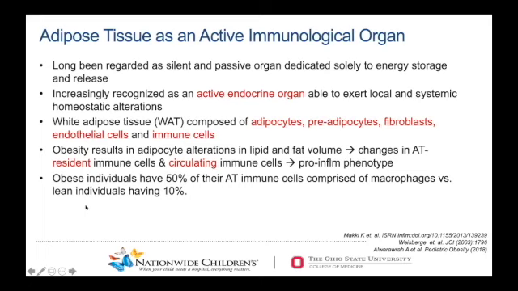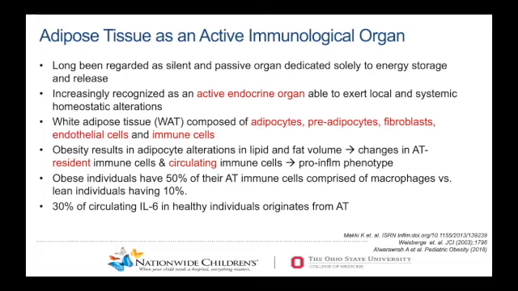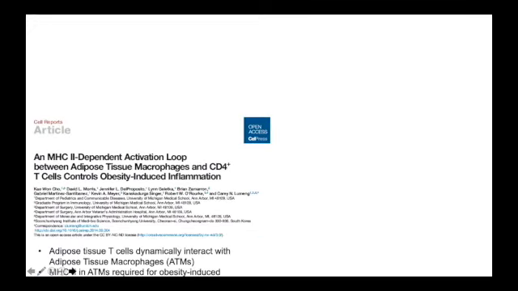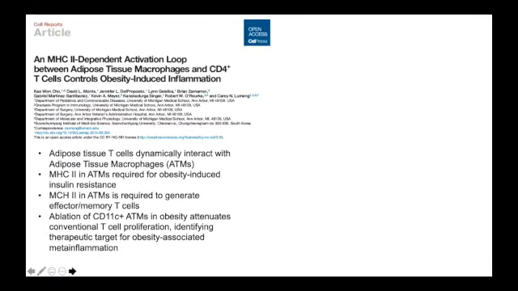And interestingly, obese individuals have 50% of their adipose immune cells comprised of macrophages versus lean individuals, where that's only 10%. And even in healthy individuals, 30% of circulating IL-6 originates from adipose tissue. So these are just highlighting some of the articles I've read that were fascinating to me.